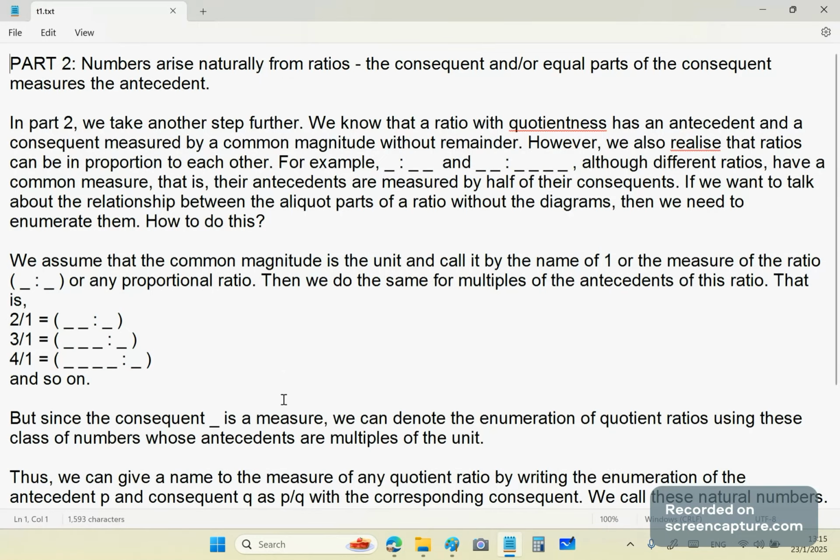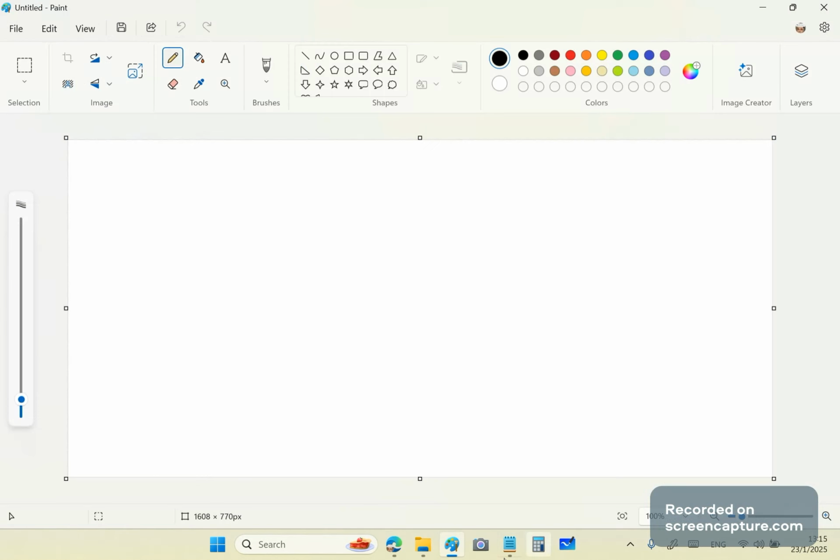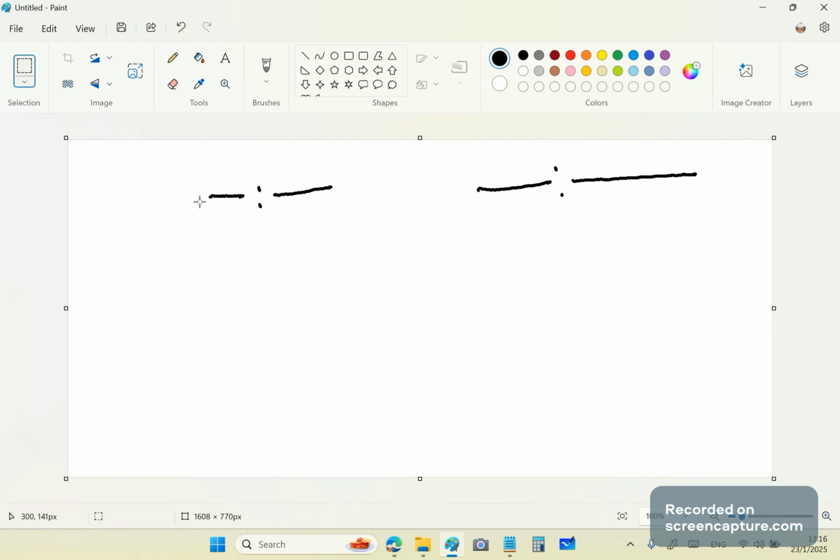Numbers arise naturally from ratios. The consequent and or equal parts of the consequent measure the antecedent. So what does that mean? That means if you had, let's say, this ratio and this one, what you could do is say both of these are measured by the same magnitude.